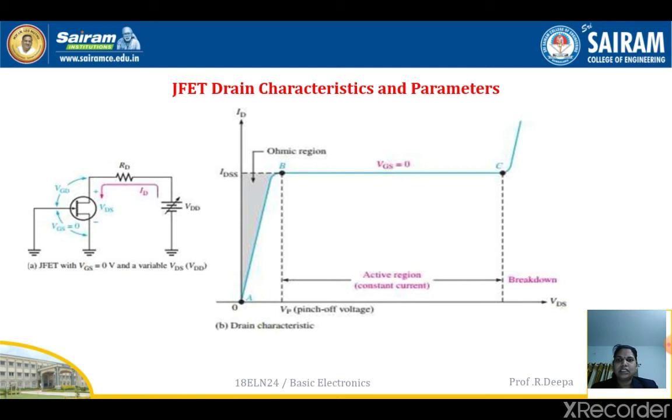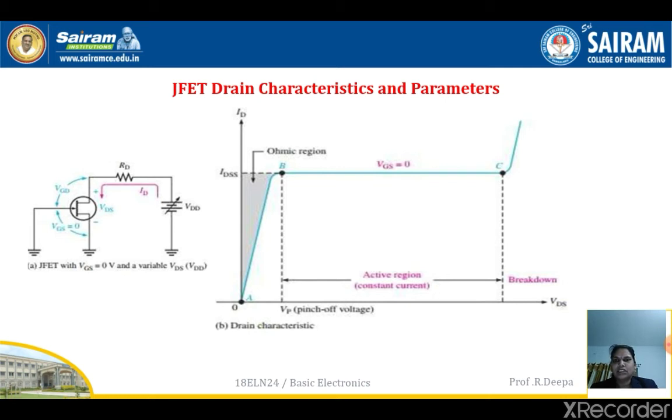So next it is JFET drain characteristics and parameters. In order to draw the drain characteristics, we are going to have a graph between VDS, that is the drain source voltage applied, and the drain current.